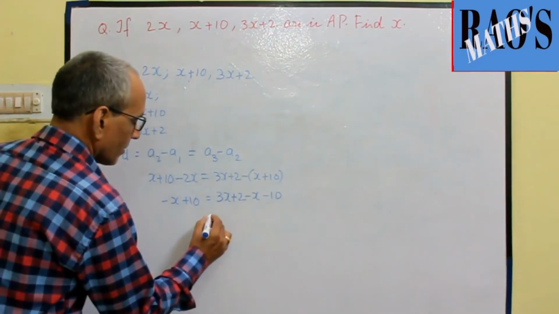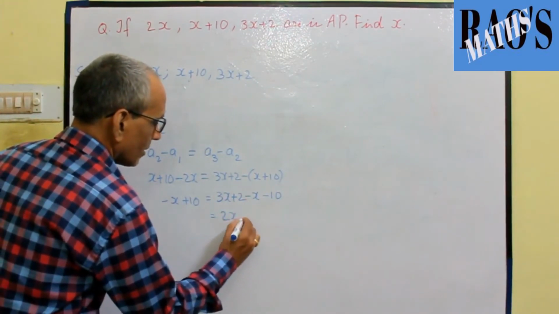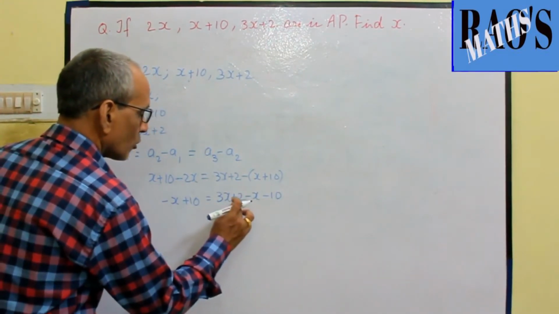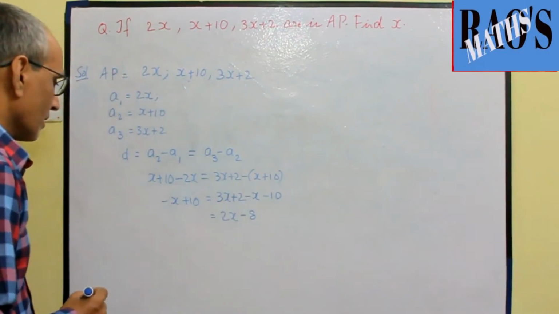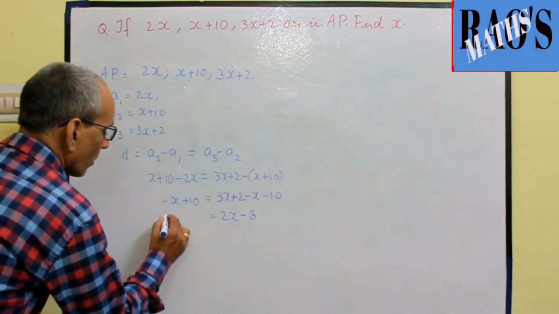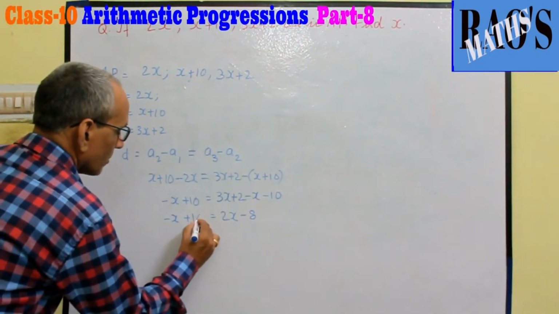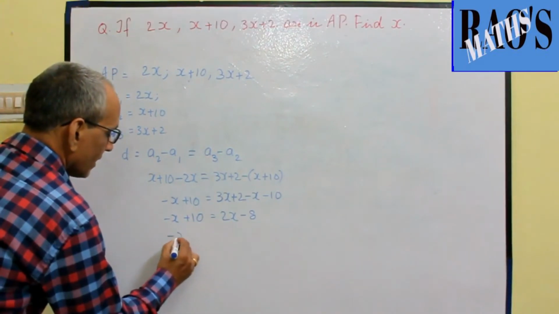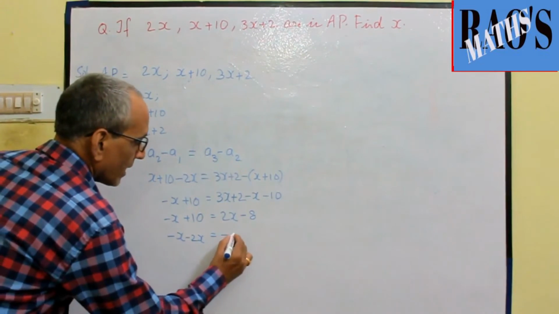Simplify the RHS. So 3x minus x is 2x, minus 10 plus 2 is minus 8. So minus x plus 10, so minus x minus 2x is equal to minus 8.